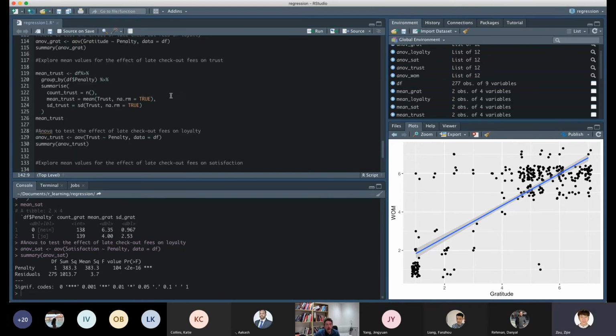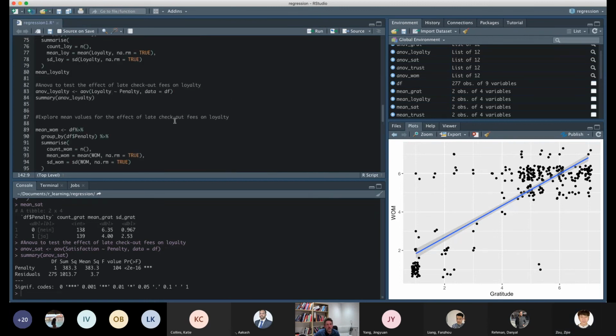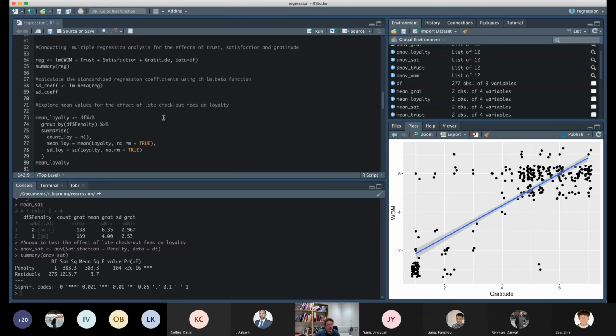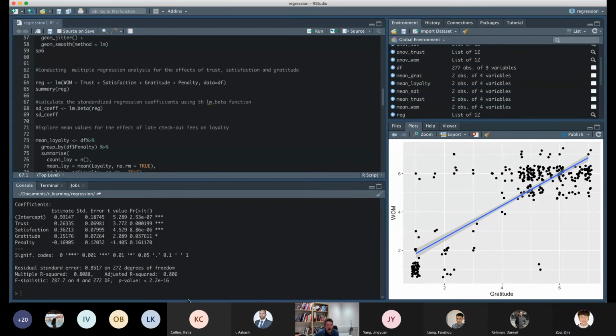So here, for example, where's our regression function? In line 64, we could actually say, let's have penalty as a variable in this function. That's possible, and if you run that, you get a result for penalty.